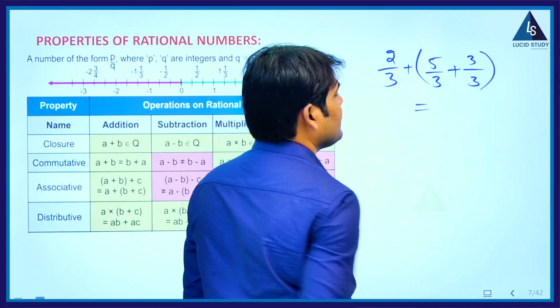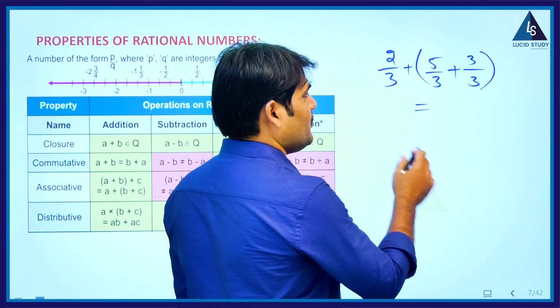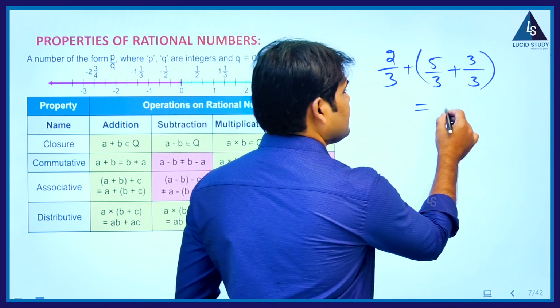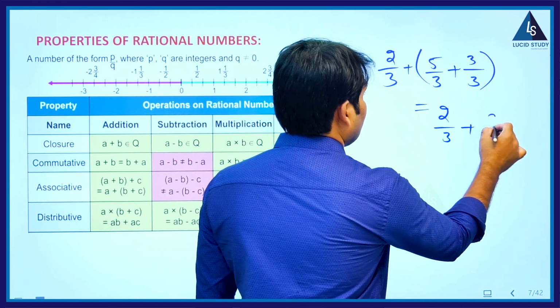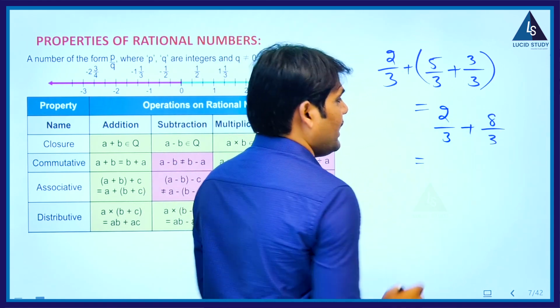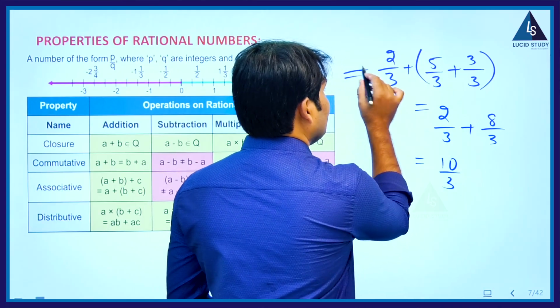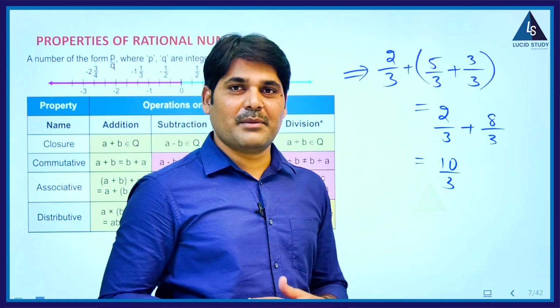So what will be your answer? First, BODMAS rules. According to BODMAS rules, we have to solve the bracket first. So 2 by 3 plus (5 plus 3), that is 8 by 3. Now if you solve this, your answer will be 10 by 3. So for this you got the answer 10 by 3.